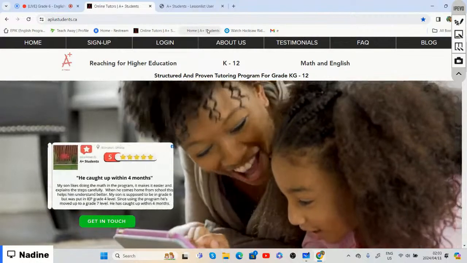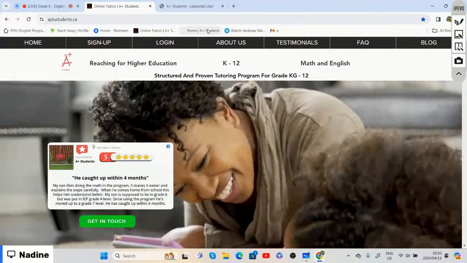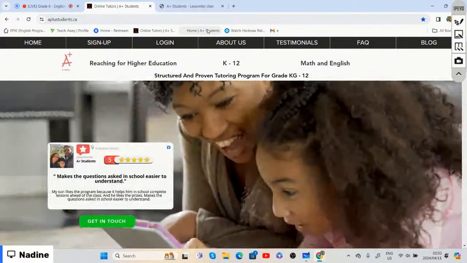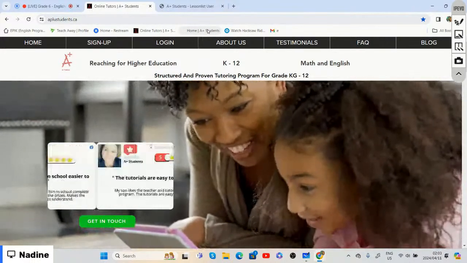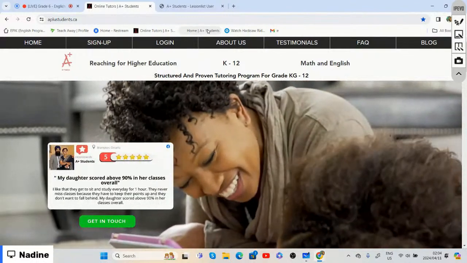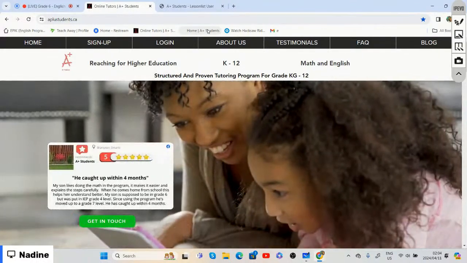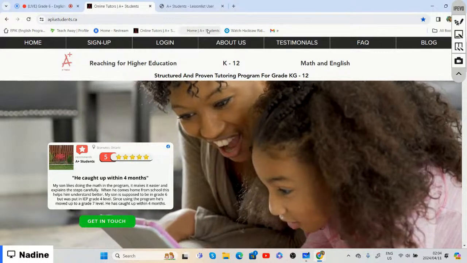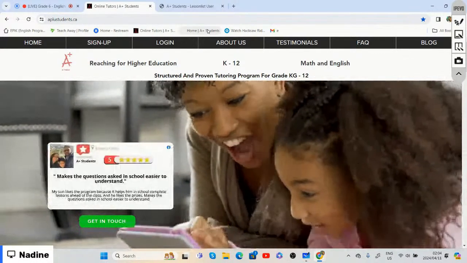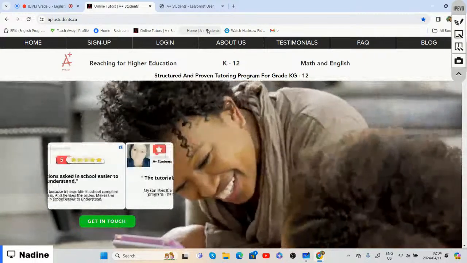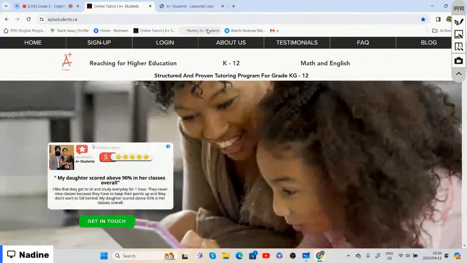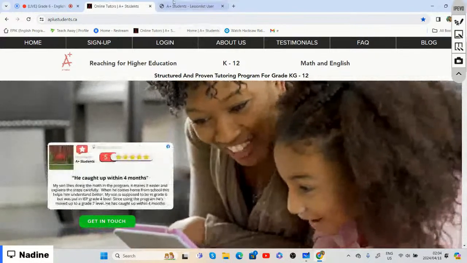Once you've logged on with your username and password, we're going to select the subject of language arts, grade 6, and then scroll down until we get to our chapter of author's purpose and tone.